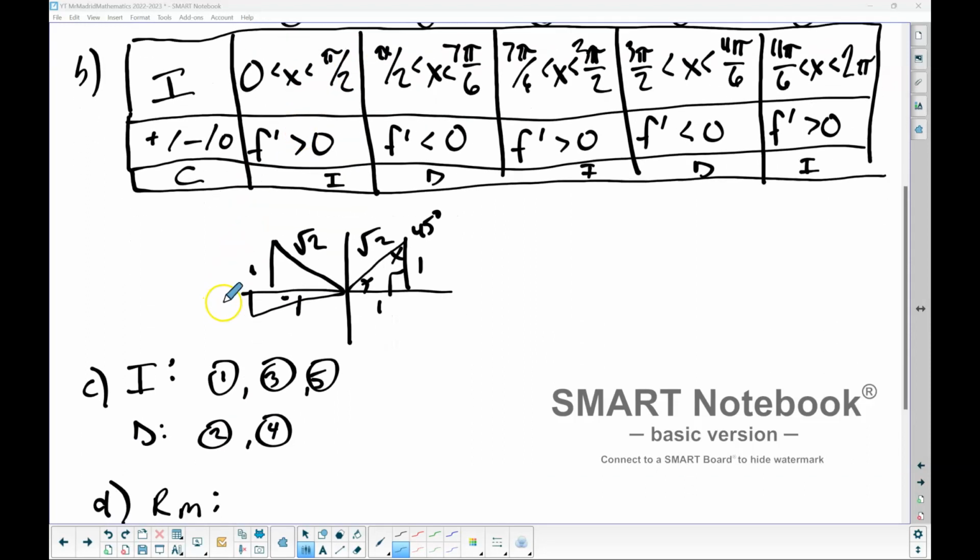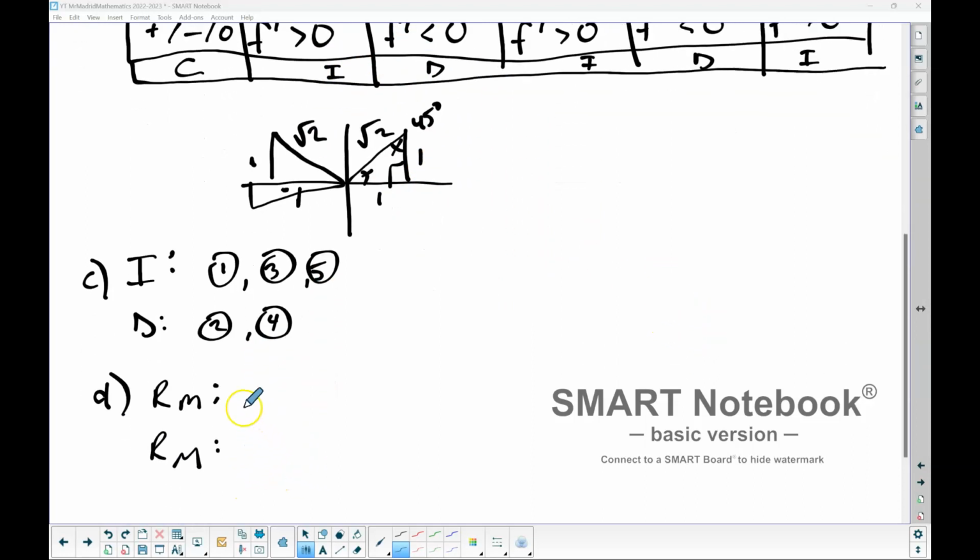Pi halves. So what's happening to the left and to the right of pi halves? Increase, and then decrease. So if you think increase and then decrease, that would make it a relative max. So let's set it up that way. Pi halves, and then we'll get the other coordinate.